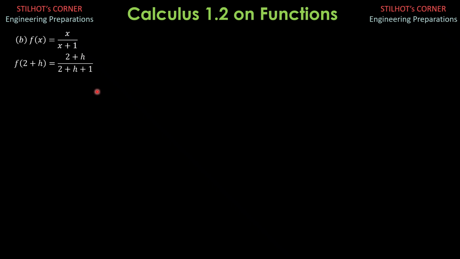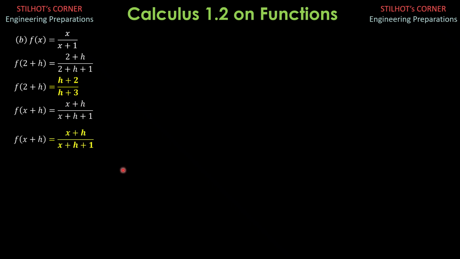So f of 2 plus h is h plus 2 over h plus 3. Then f of x plus h is x plus h over x plus h plus 1. Simplifying, it is x plus h over, so that's already the answer. So x plus h over x plus h plus 1.